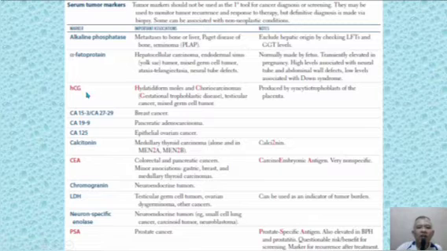Another is HCG by hydatidiform mole, okay? CA19-9 by pancreatic adenocarcinoma. CA125, ovarian CA. And PSA, okay, produced by prostate cancer. Okay, you can always go through these examples in your study.